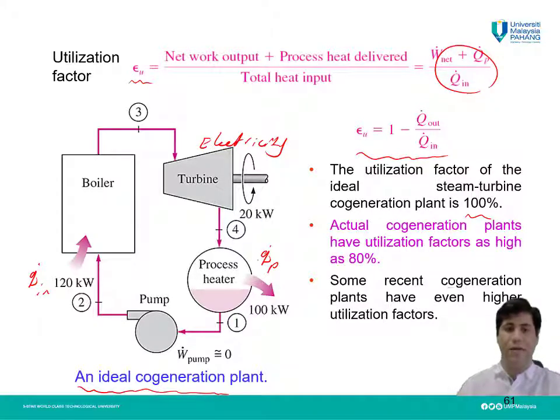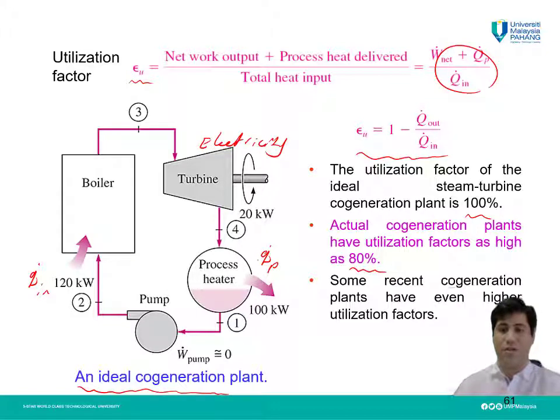But due to the waste of energy in the pipeline, the lack of 100% insulation, and also in the boiler and other equipment, usually the actual utilization factor is about 80%. However, in recent years, by some development in the material or in the configuration or in the installation of these equipments or pipes, this utilization factor has increased, and we have even more than 80% utilization factor for this cycle.